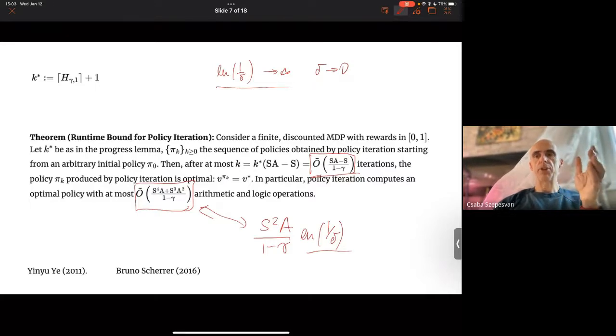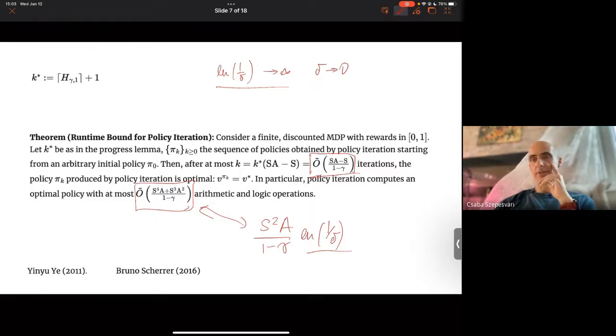So the input should be data and all the tables that describe the MDP, and then you want to have an algorithm, and then you want the best runtime, no matter what the instance was. But this is too hard. This question is too hard to answer.